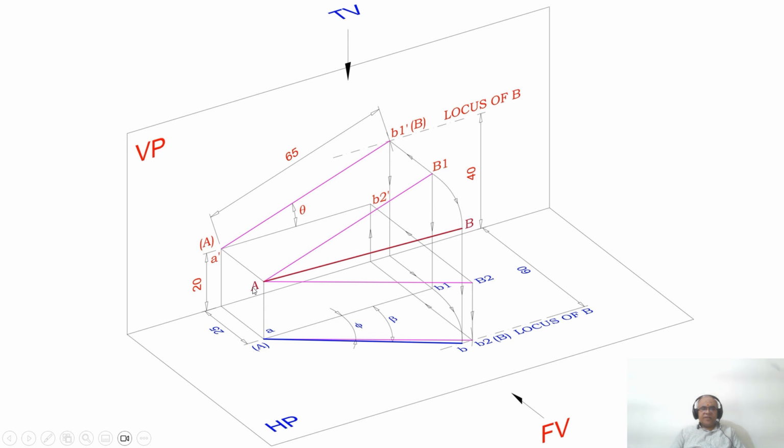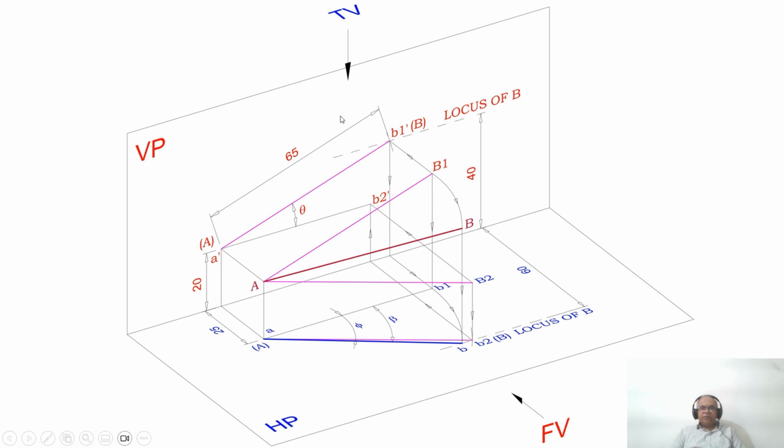With A as center, taking the radius of AB1, start rotating that point B1. Originally it was in front of VP by 25 mm, till it reaches 60 mm in front of VP. So when you are doing it in space, what happens to the image? Since you are looking in the top view, with A as center, taking the radius of AB1, you are rotating in space.